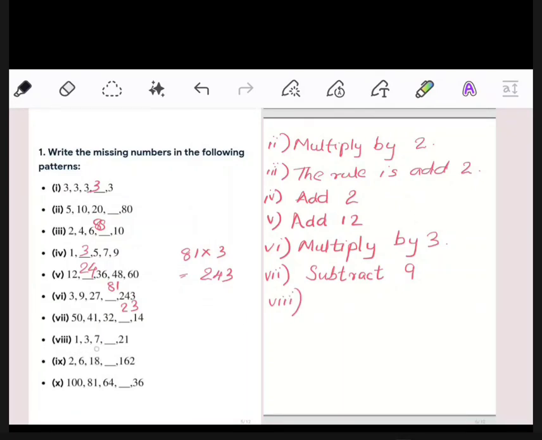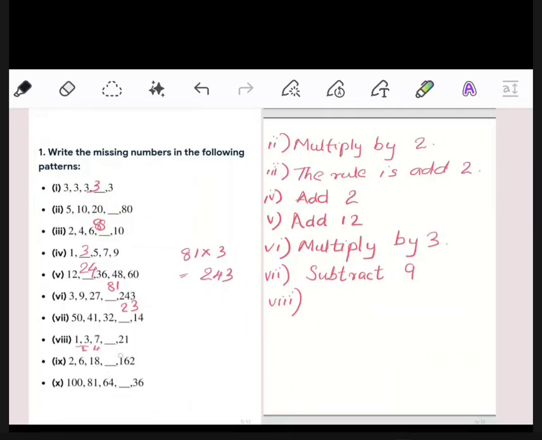Eighth, 1, 3, 7, dash, 21. So here see, by taking the difference, 3 minus 1, that is 2. 7 minus 3, that is 4. Here the difference comes 2, 3 minus 1 is 2, and here comes 4, 7 minus 3 is 4.